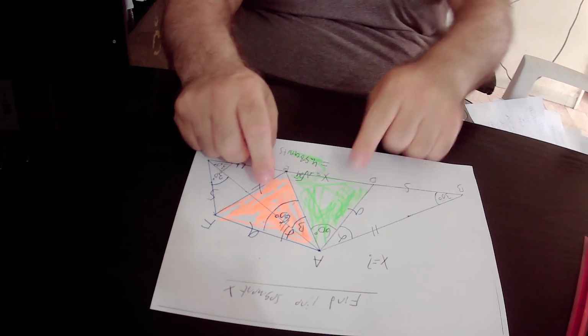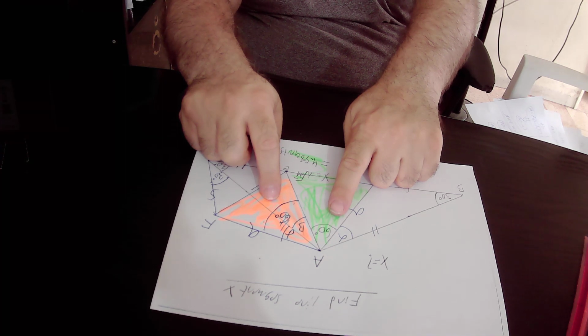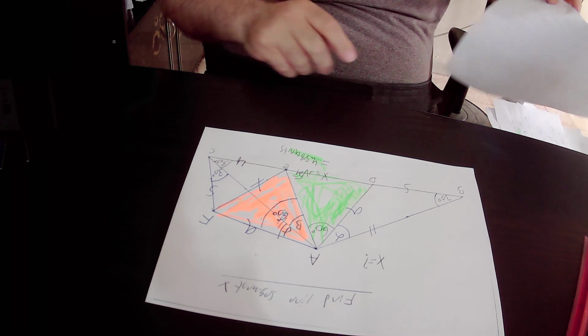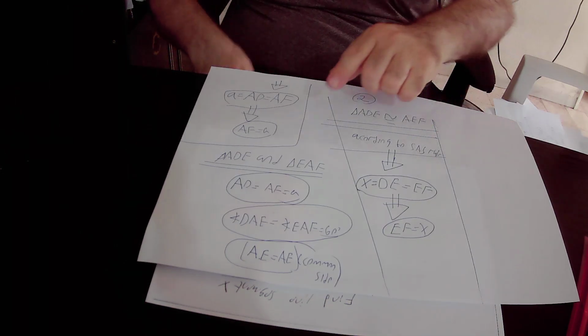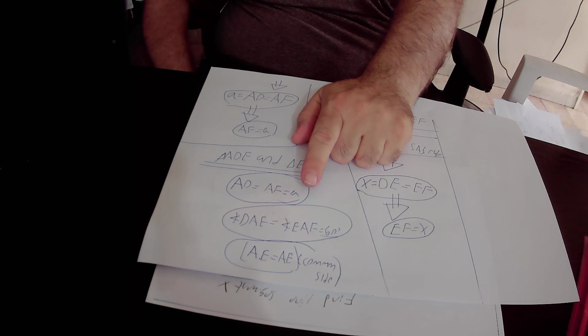In addition, those two angles are both equal to 60 degrees, therefore they are equal to each other. So here, angle DAE in the green triangle is equal to angle EAF in the orange triangle, and both angles are equal to 60 degrees.